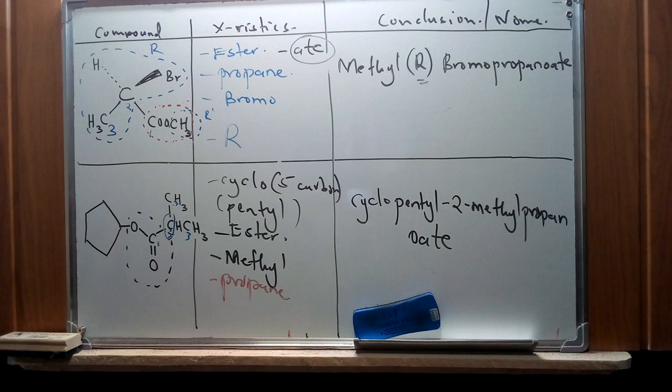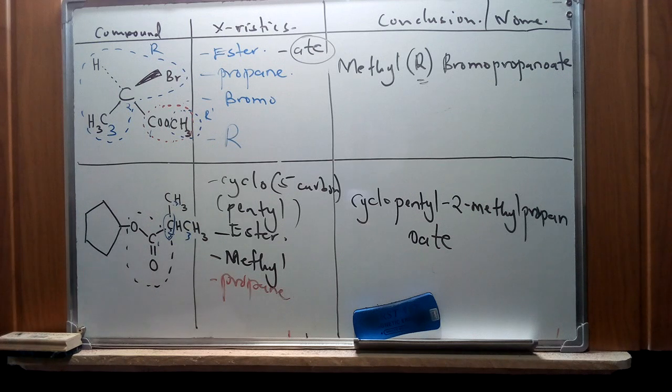But generally, the naming is done by combining the radical name of the alcohol with that of the negative ion of the acid, whereby the alkyl name comes first, followed by the name of the carboxylate ion.